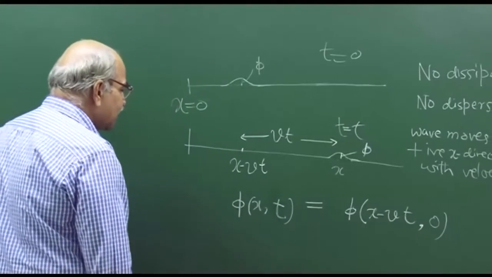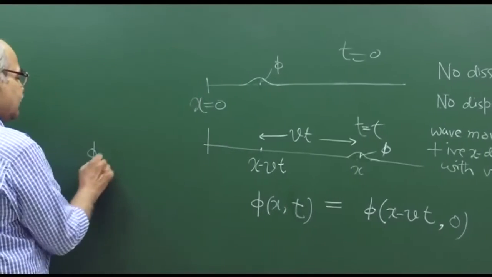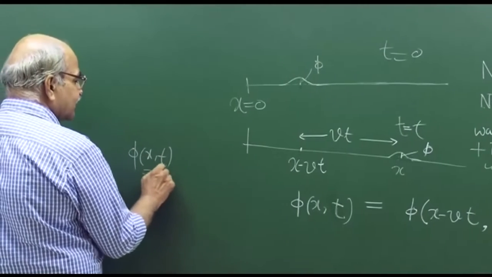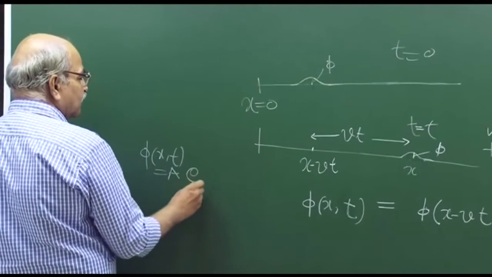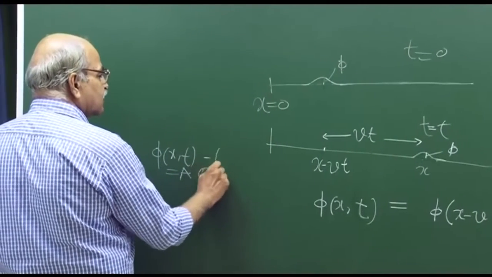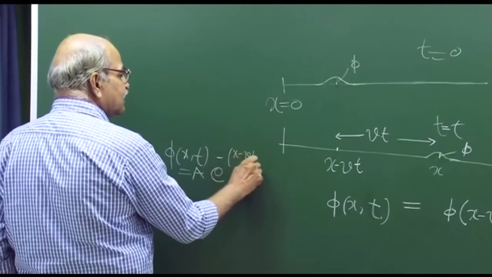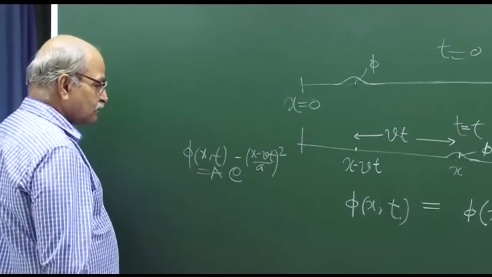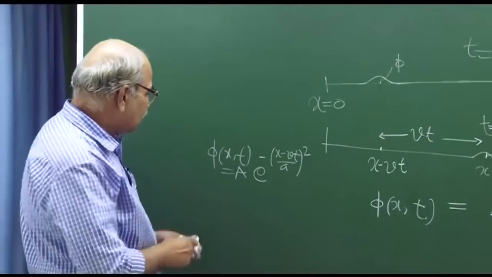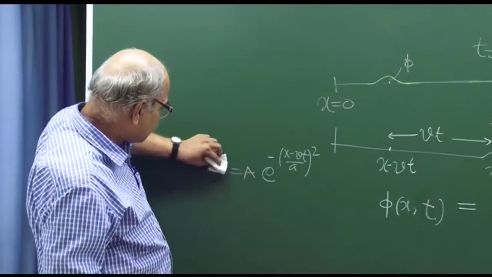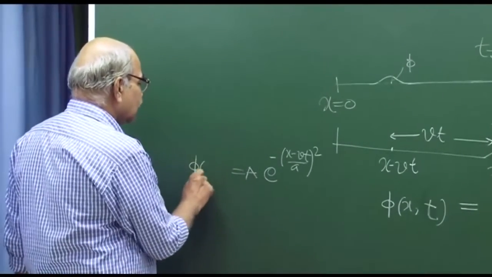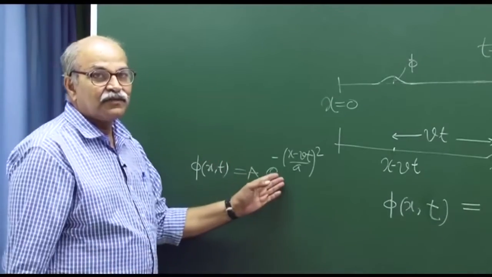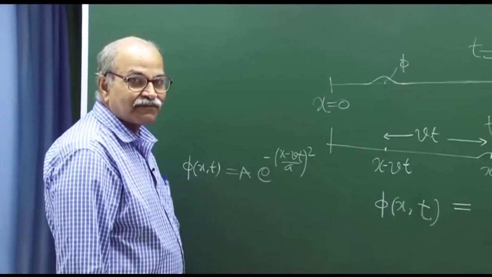For example, if I write phi of x, t is equal to some constant times e to the power minus x minus vt divided by a, whole square, that is okay. This is a good function. It is a valid wave. It is going in x direction with velocity v.